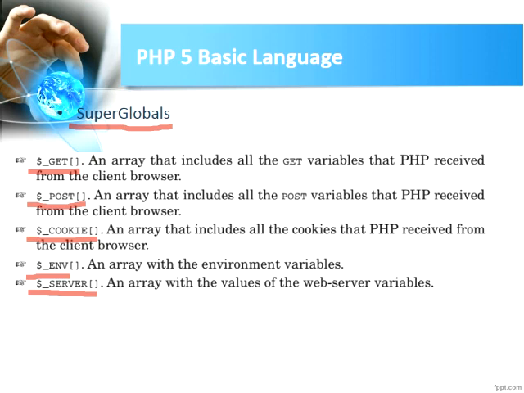We will use this array to get the values of all the variables in our URL. So we use $_GET or $_POST.